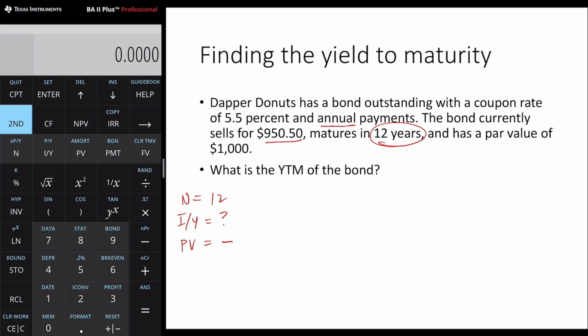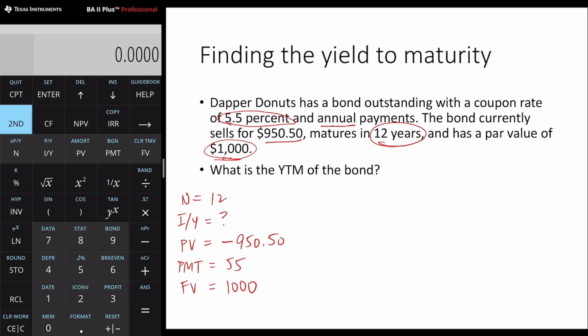So I'm going to have a negative cash flow here of $950.50. The payment is the coupon rate of 5.5% multiplied by 1,000. So that gives me $55. And my future value is my par value, which is 1,000.